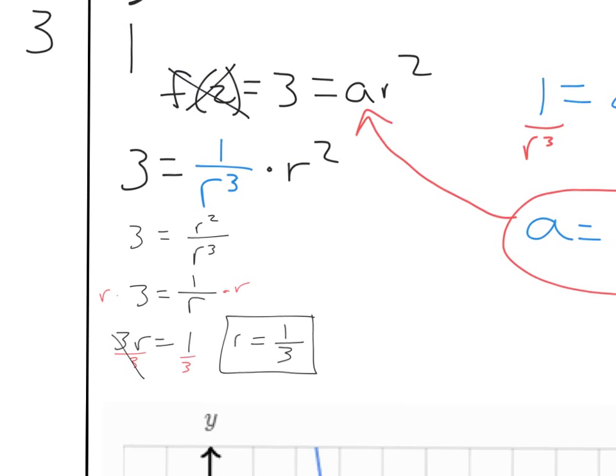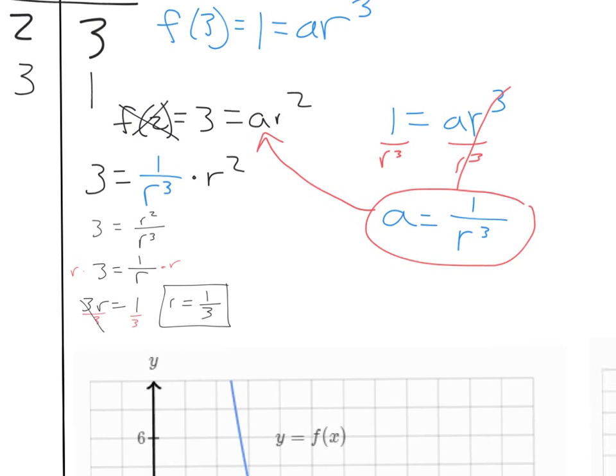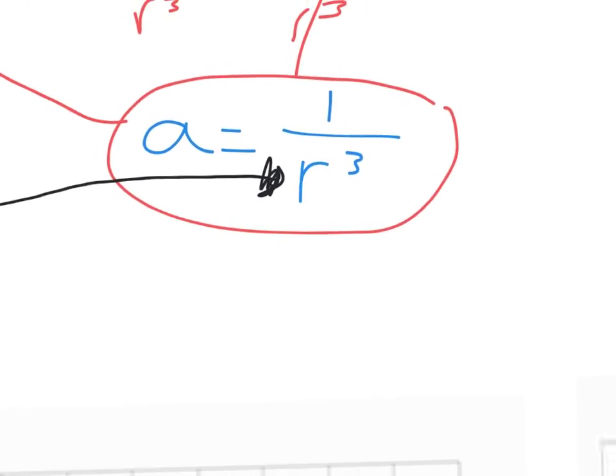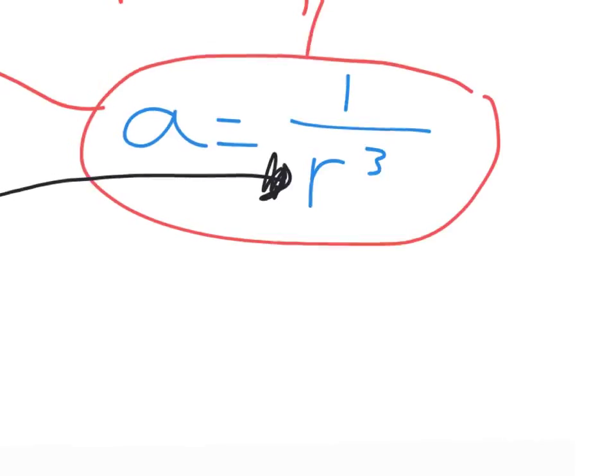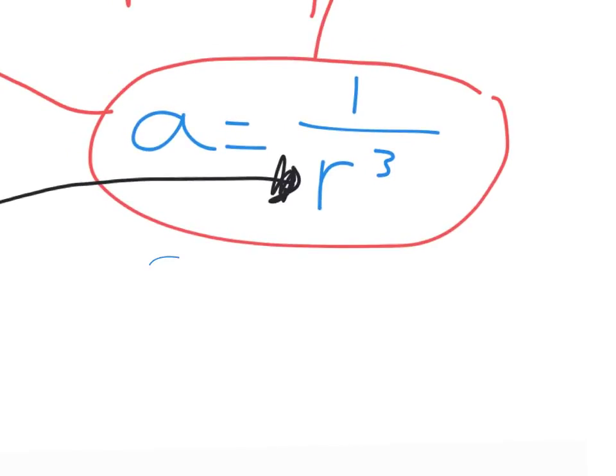Now that I've solved for r, I can plug that value back in over here where I've already solved for a and figure out what my a value is without any variables in it. So let's go ahead and do that. Remember, my r is 1/3, so that means that a equals 1 over (1/3) cubed.